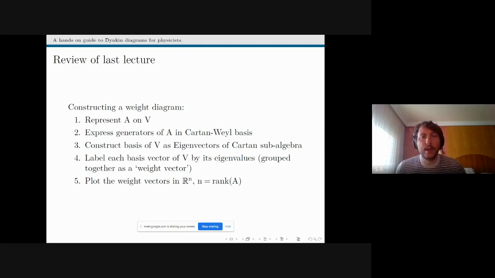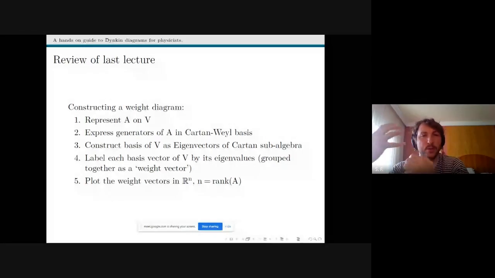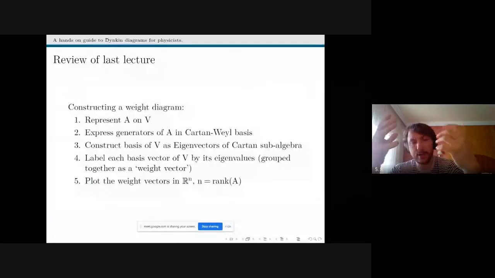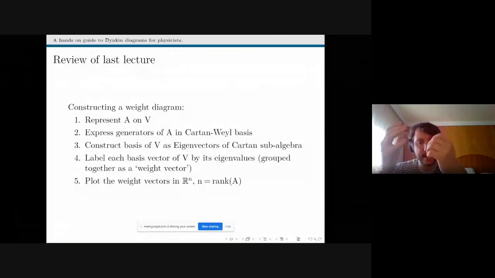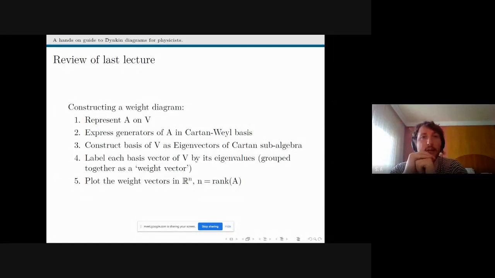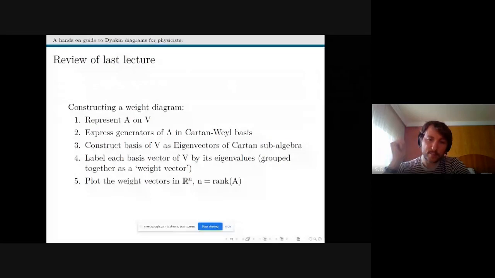Okay, so if you remember at the start of my last lecture, I told you that the ultimate goal was to find some nice tools for analyzing Lie algebras that continue to make sense and are easier to use, in particular for large algebras. But if you remember, in the last lecture, we didn't really achieve that goal.